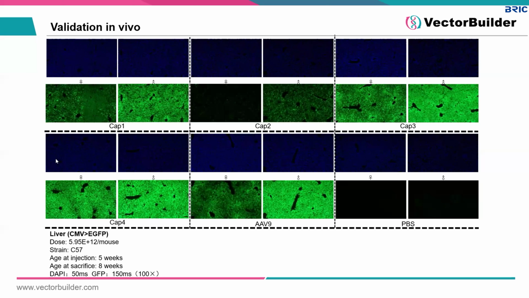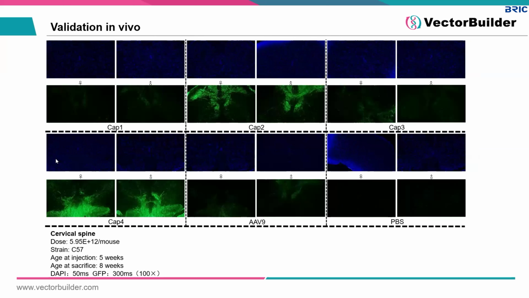We see the CAP2 mutant has less capability of transducing the liver tissues, which is also good for detargeting the unwanted tissues. Because during application of an AAV vector, we always want the AAV vector to target our target tissue very successfully and to target our unwanted tissues at a very low efficiency.